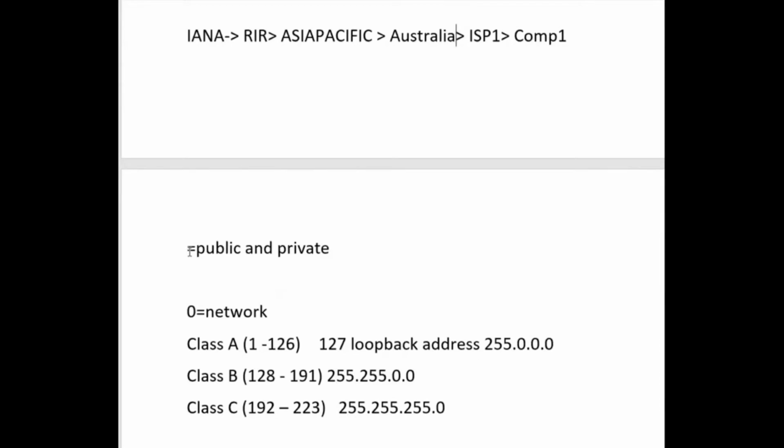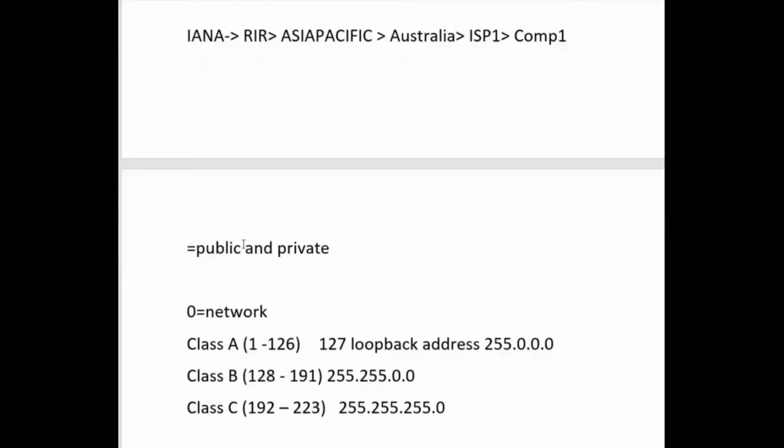For example, a company has hundreds of people working there. They are not using public addresses, they are using private addresses. Private addresses are not routable to the internet, but we have a network address translation mechanism. With that, a private address can communicate with the internet after translation.